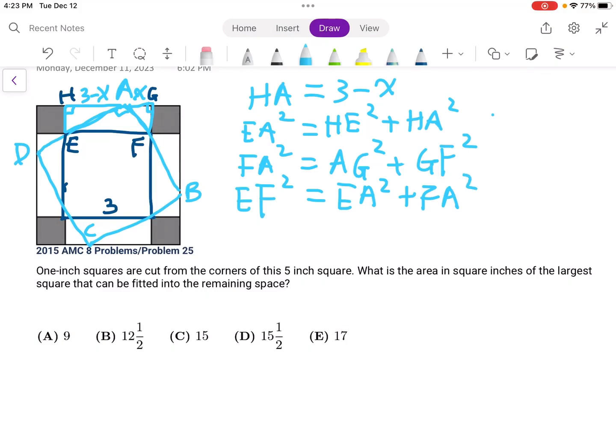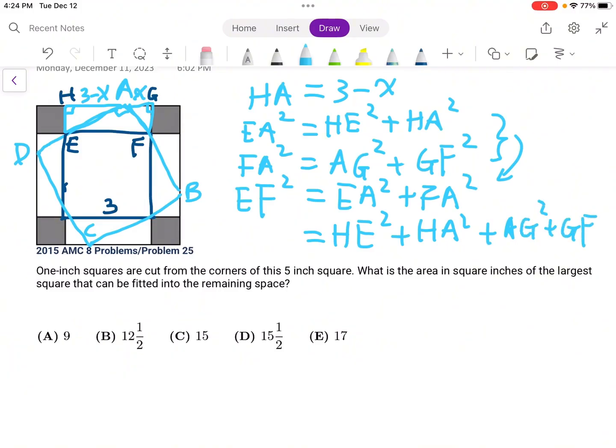We substitute these two equations in here, and we get HE square plus HA square plus AG square plus GF square.